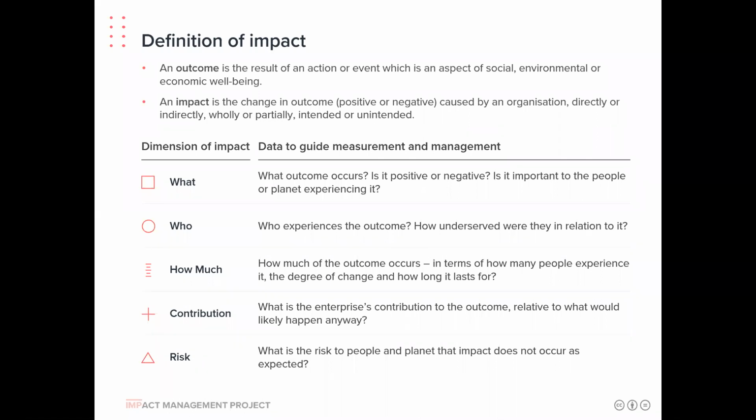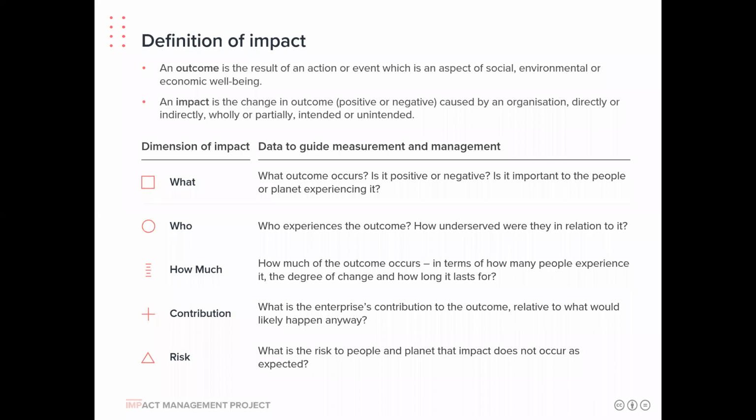So if you're used to thinking about inputs, activities, outputs, outcomes, and impact, the output is what's within a company's control, and then the outcome is the point at which the output leaves the company's control, and actually it's something that's experienced by people out in the world or by the natural environment. By impact, we mean the change in an outcome, positive or negative, caused by an organization, directly or indirectly, wholly or partially, intended or unintended.